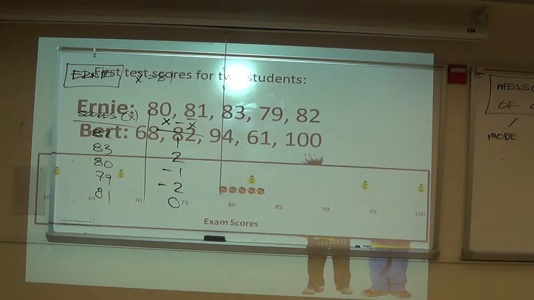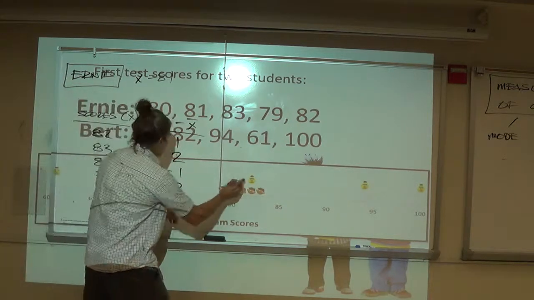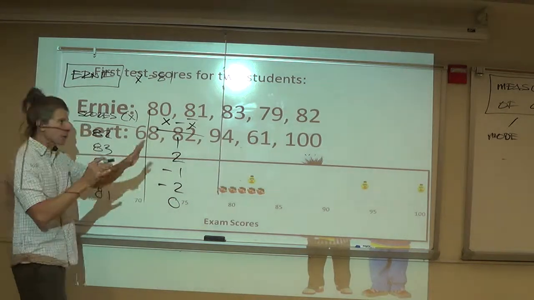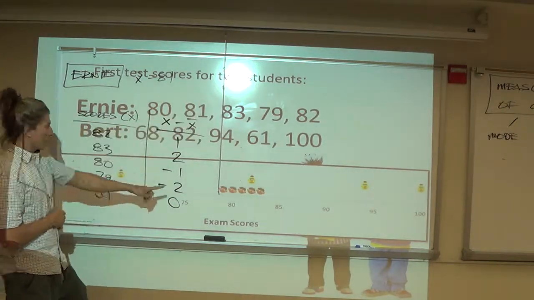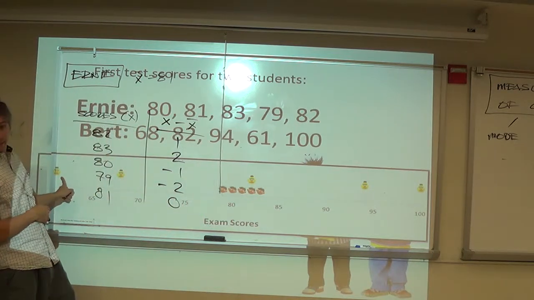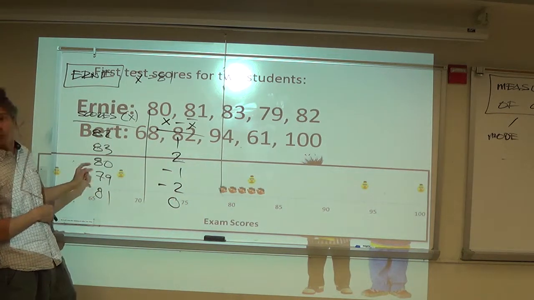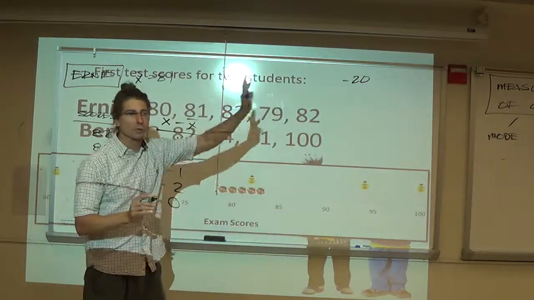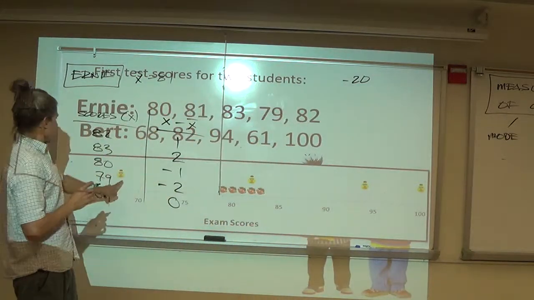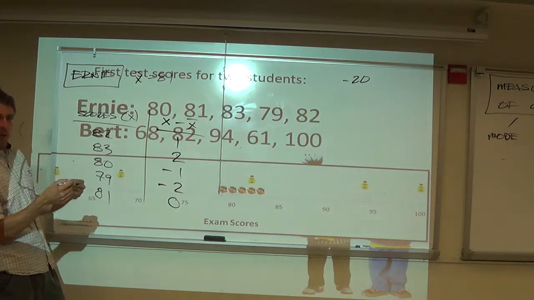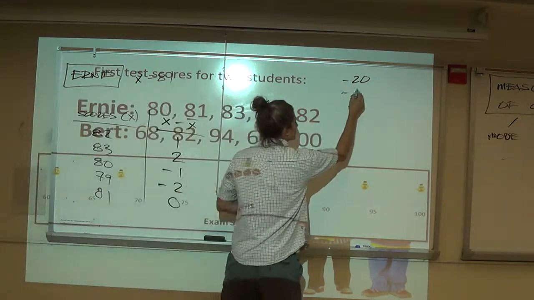Want to see something kind of weird? Do the same thing for Bert. Let's do it together. Bert's average is also 81. His low score is 61. That's 20 down from average, negative 20. His next low score was 68. That's 13 points down from average.